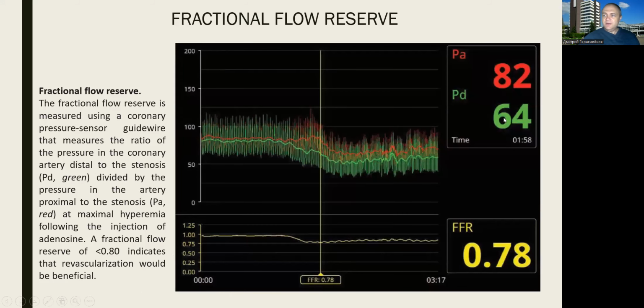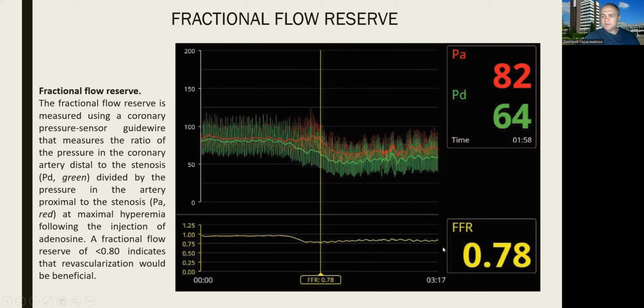So here are the results of pressure in the coronary artery distal to the stenosis, green number, and this result was divided by the pressure in the artery proximal to the stenosis, red one, at maximal hyperemia following the injection of adenosine.